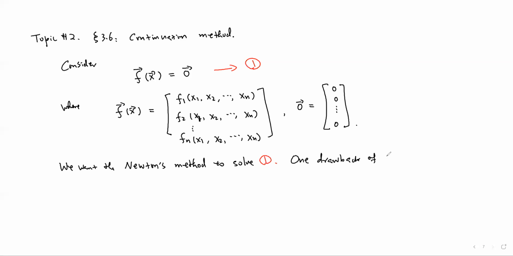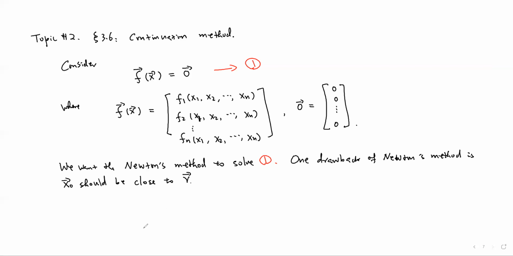In general, how to know? Because we don't know the root R. Even if we have a starting point x0, we don't know whether or not x0 is close to R. In general, this is very difficult.